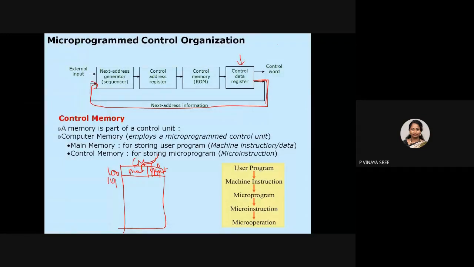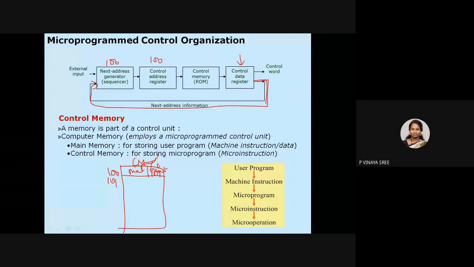So this is the flow. You should understand this flow, then you can understand how this is generated. First you use a next address generator, and the address given to the control address register takes it to this location.